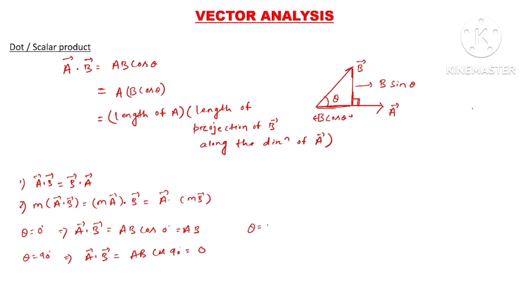And if theta is equal to 180 degree, then A dot B is equal to AB cos 180 degree, is minus AB, right? This is all about the dot product.